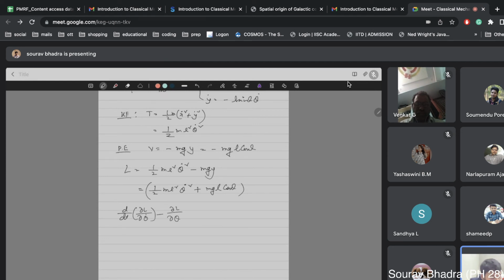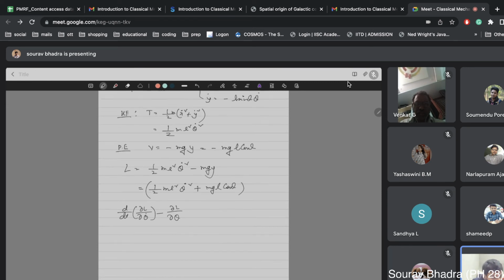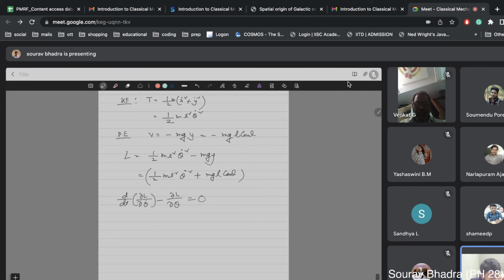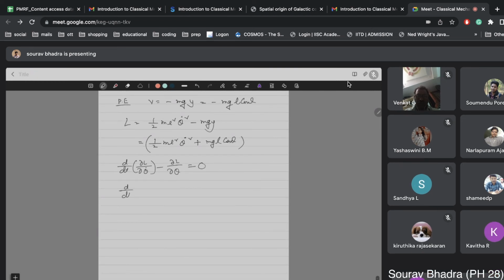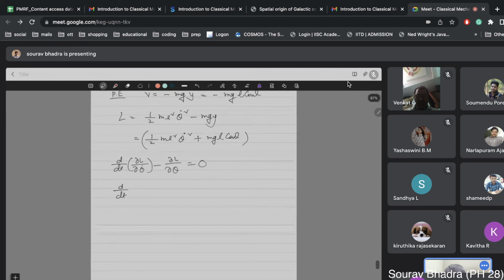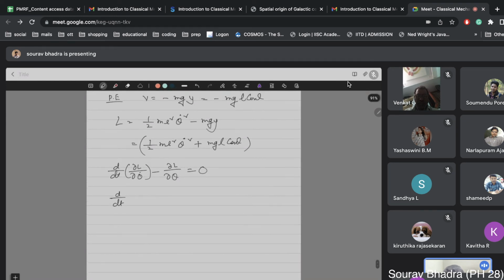And you can see also in L and V, in the expression of T and V, there is only theta dot, there is no L dot, as L is the fixed direction. So now if you put del L del theta dot, what we will get is half m L square 2 theta dot, and del L del theta will give you mg L cos theta, with the derivative minus sin theta, so that is plus.